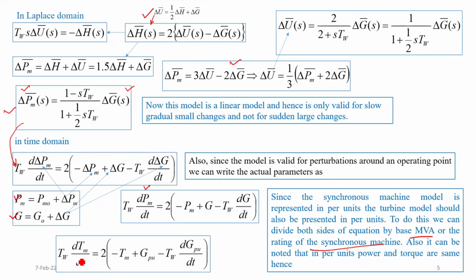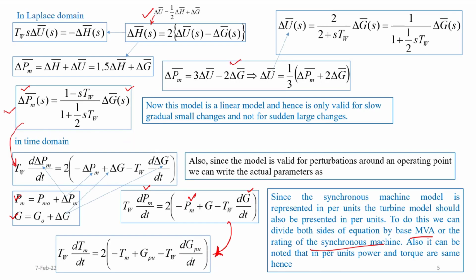So it will become TW d by dt of Tm will be equal to twice of minus Tm plus G per unit minus TW d by dt of G per unit. They are in per unit now, right, after dividing the base MVA on both sides. Now this is the model for your hydro turbine.